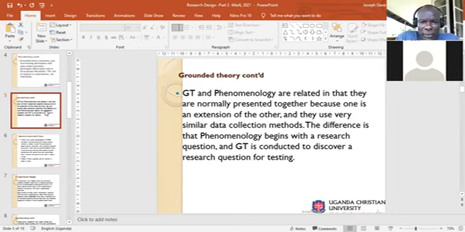That when you're in Kampala town, the minimum speed is a kilometer per hour on foot, or a kilometer per second, whatever it is. That is your theory. But grounded theory is conducted to discover research questions. So when you observed and observed and observed, then you can generate a research question. That is the difference between phenomenology and grounded theory.